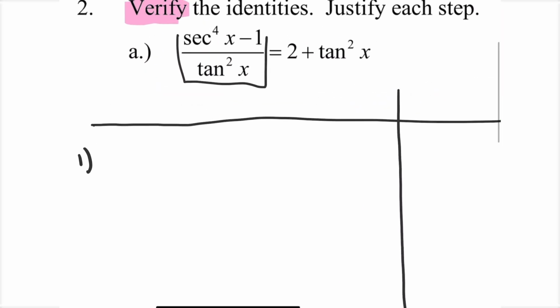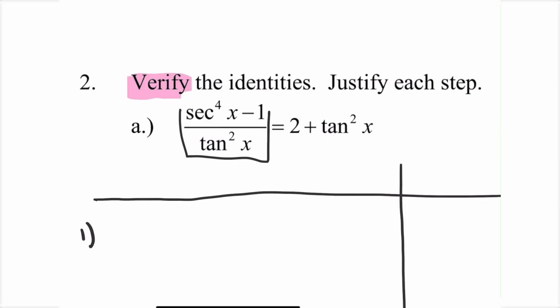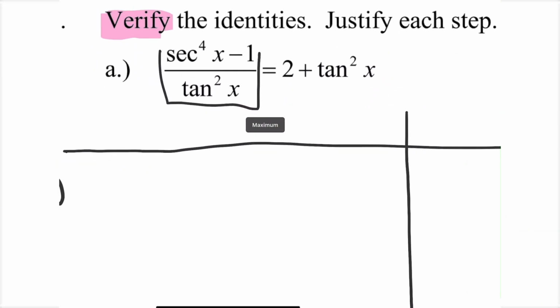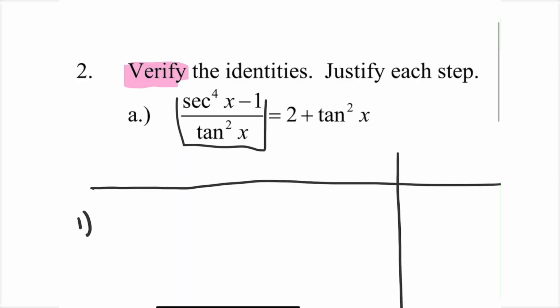So step 1. Let's look at the top part of our equation. It says secant to the 4th x minus 1. This is technically the same thing as secant squared x squared, right, minus 1. And if we go back to what we learned in pre-algebra, we know that this is just the difference of two squares.